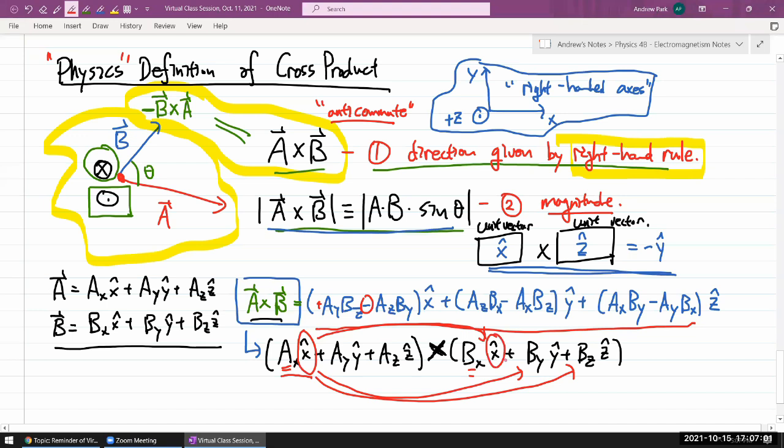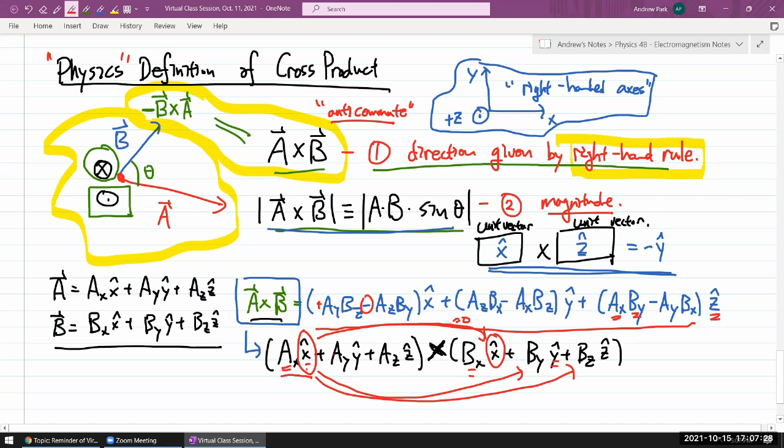This product will be 0 because x hat cross x hat is 0. But AX cross product with BY y hat will not be 0. The cross product of the unit vectors will result in z hat. So you have AX times BY times z hat, and in fact, that's this term here.